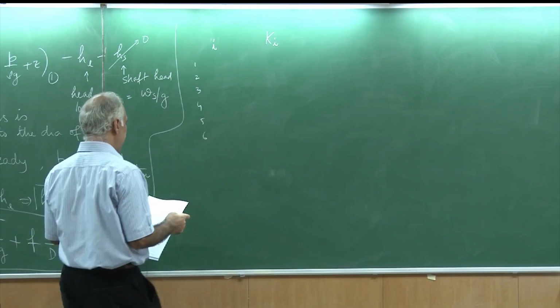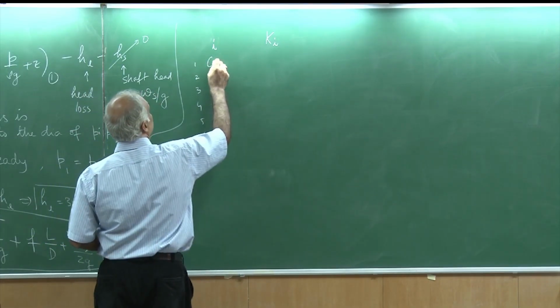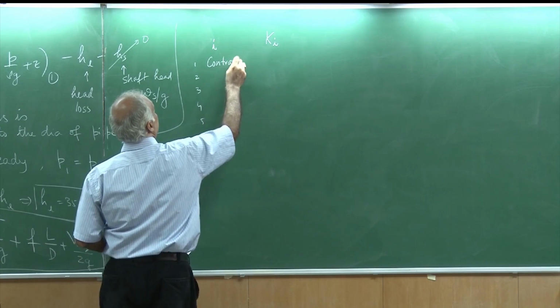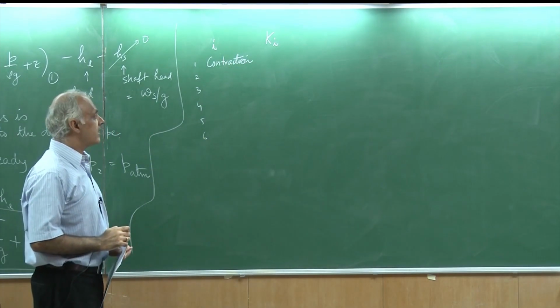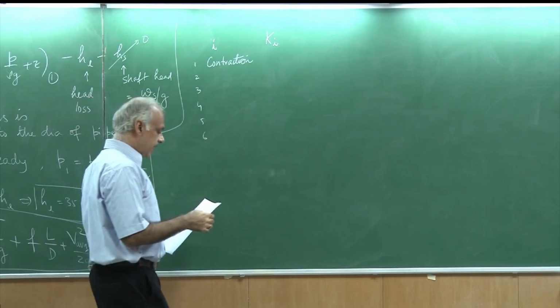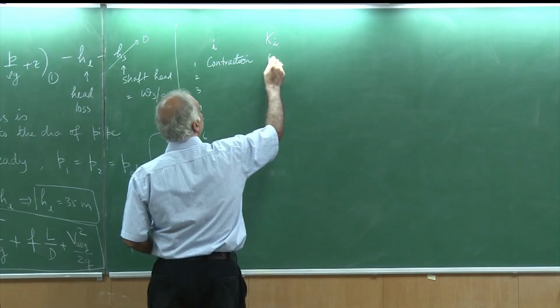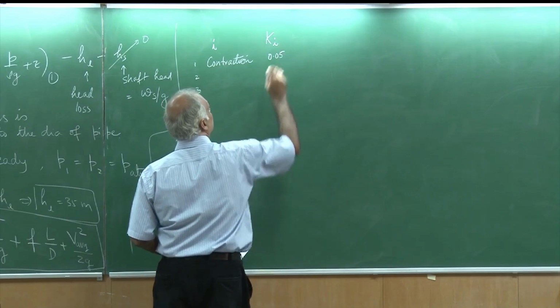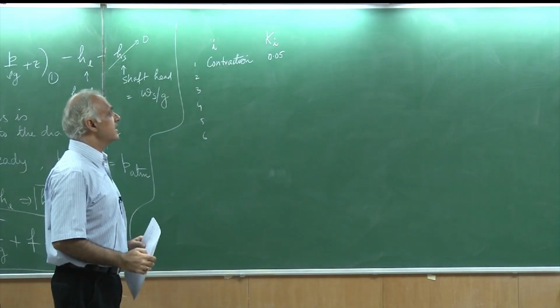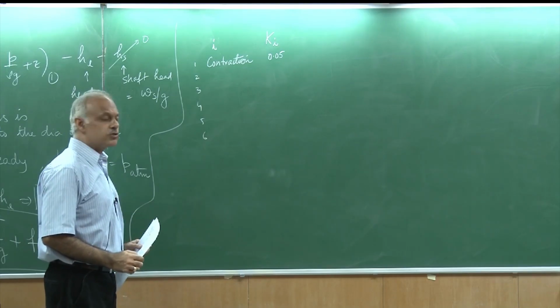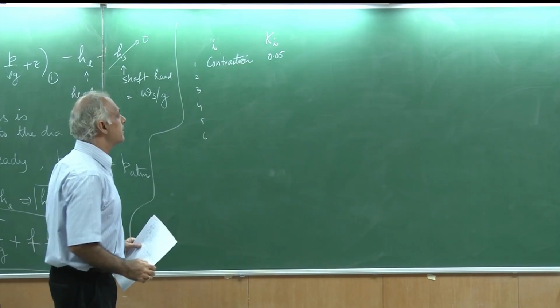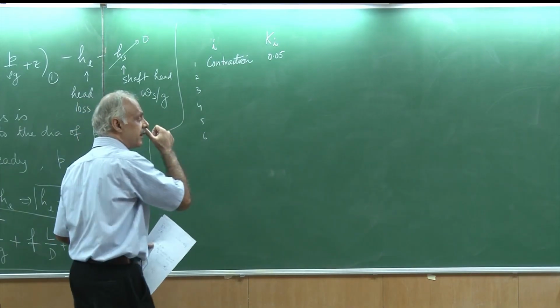The first one is a contraction. It's a well-rounded contraction, and therefore the Ki is kind of small. We have seen a little while ago that for a rounded contraction from an infinite area to a small pipe, it could be as low as 0.05.